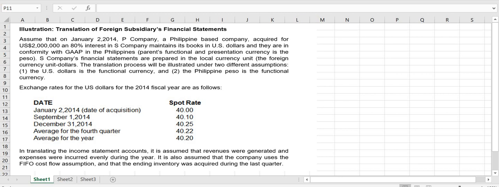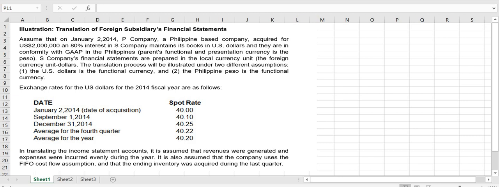Exchange rates for the US dollar for the 2014 fiscal year are as follows. On January 2, 2014, the date of acquisition, it is 40 pesos. On September 1, 2014, 40.10. On December 31, 2014, 40.25.